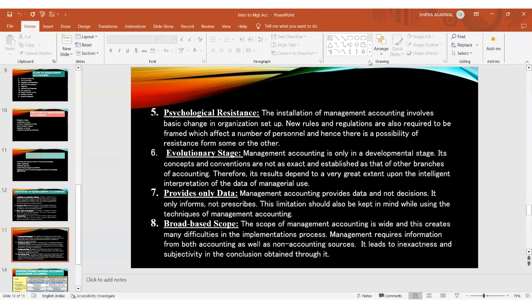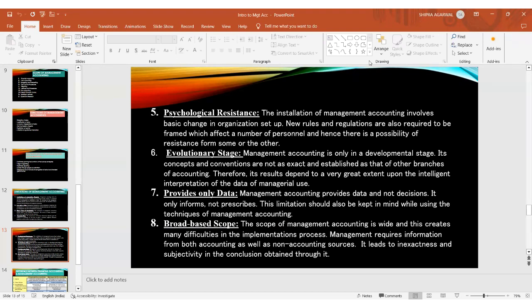And lastly, it is broad-based in scope. When we are talking about management accounting, it is very, very wide. And as a result of its wideness, many times it creates difficulties in the implementation process. This management accounting requires information both from the accounting as well as non-accounting processes, because a decision can be related to any field in the organization, right?